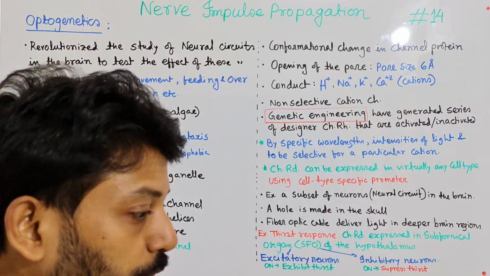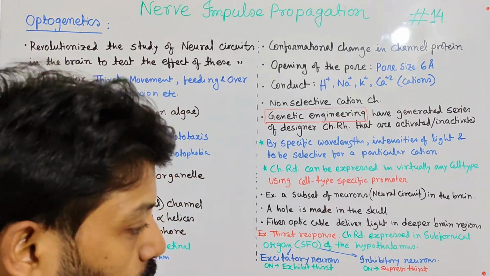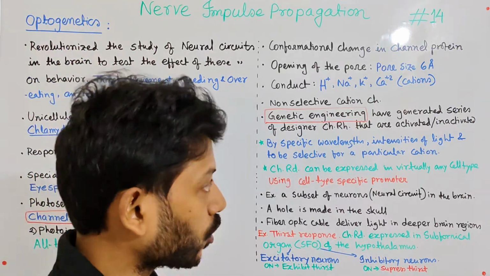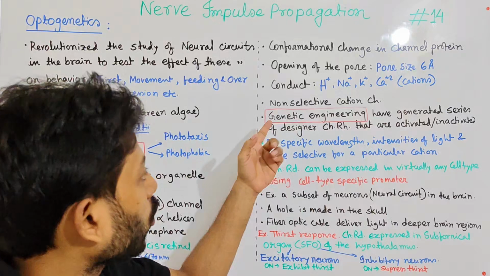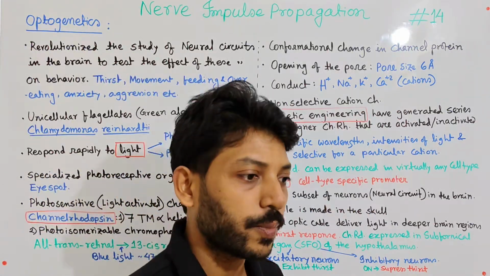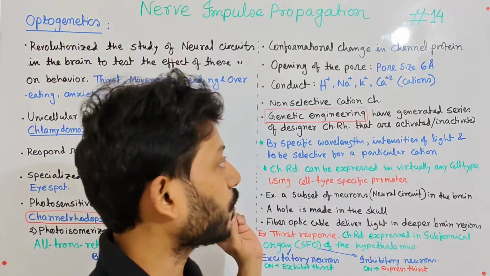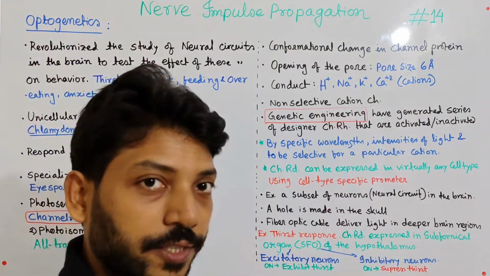The channel diameter is approximately 6 angstrom, and when it opens, it helps in the conduction of cations like proton, sodium, potassium, and calcium. This is a non-selective cation channel, because in my previous video I mentioned that channels are usually very selective, but the channel present in this Chlamydomonas is non-selective.